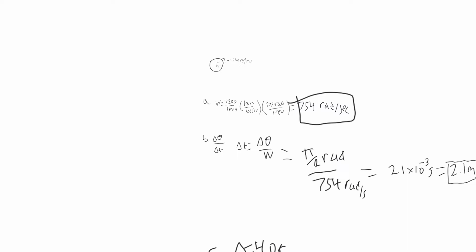For that, we know that the change in the angle over the change in time equals the angular velocity, omega. Knowing that, the change in time, which is what we're trying to find, is equal to the change in the angle over the angular velocity.